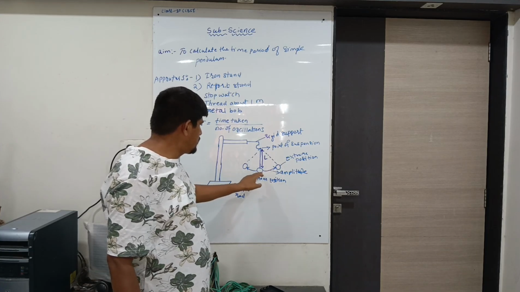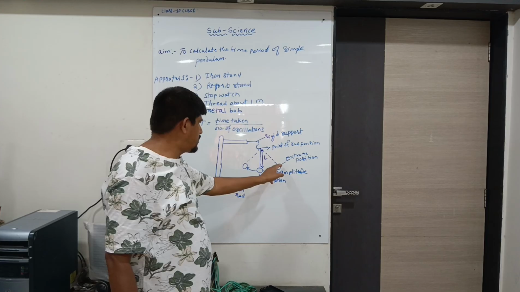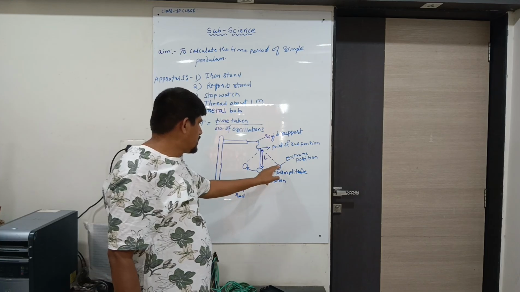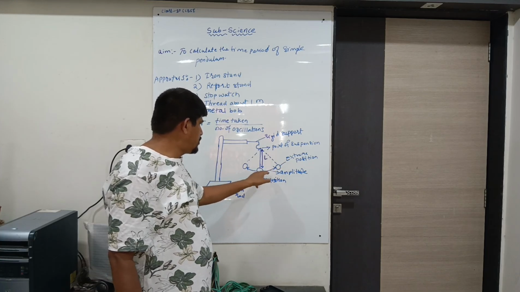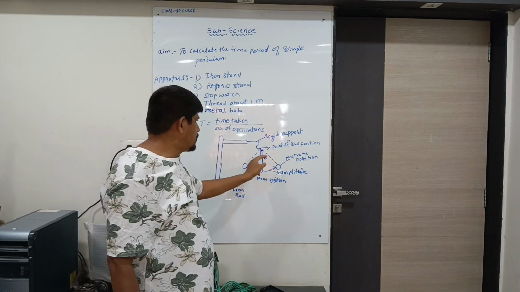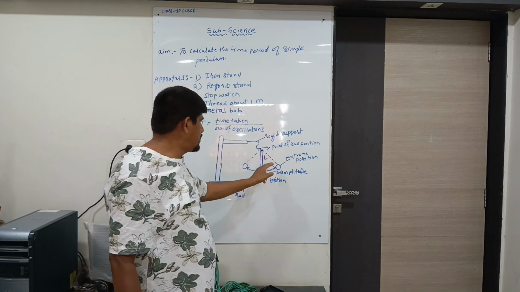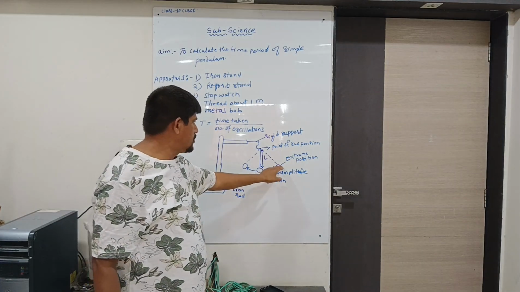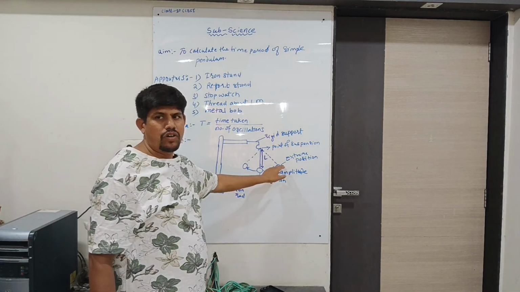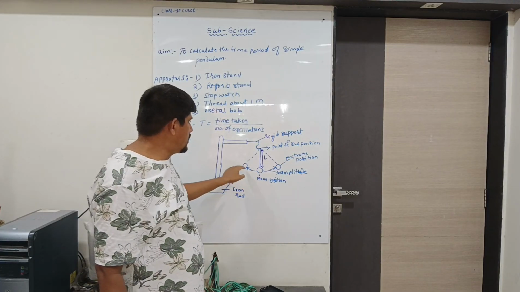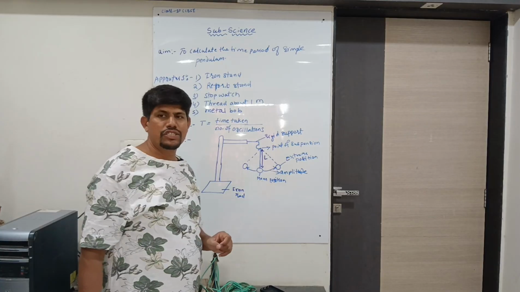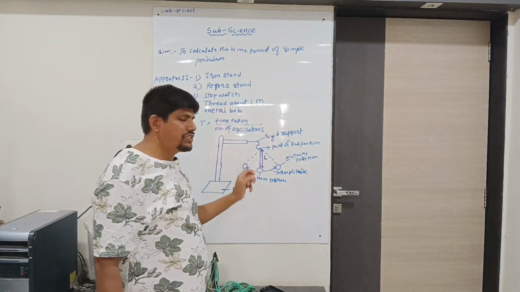You have to take the bob and displace it, and while displacing the pendulum from its mean position, you make sure that the thread is tight. Then release the bob so that it will execute the simple harmonic motion, and its motion is going to repeat, so it is a periodic motion.